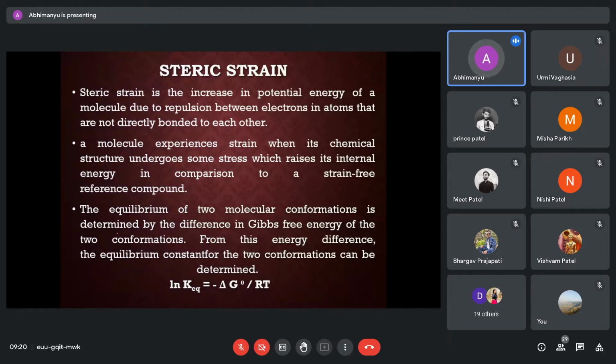Or the stability factor? Another word is steric strain. What is the steric strain for the conformation? Steric strain can be calculated by ln K equals minus delta G0 upon RT. So it depends upon the internal energy of the molecule.